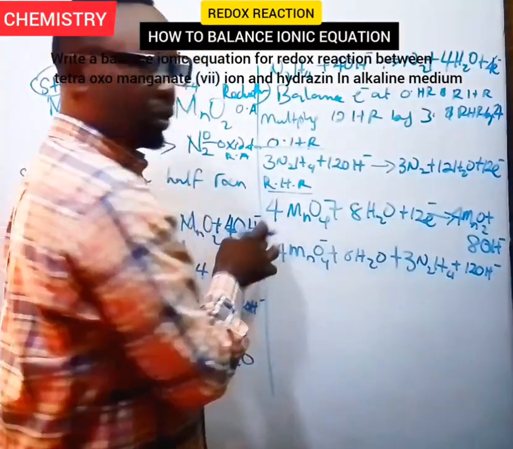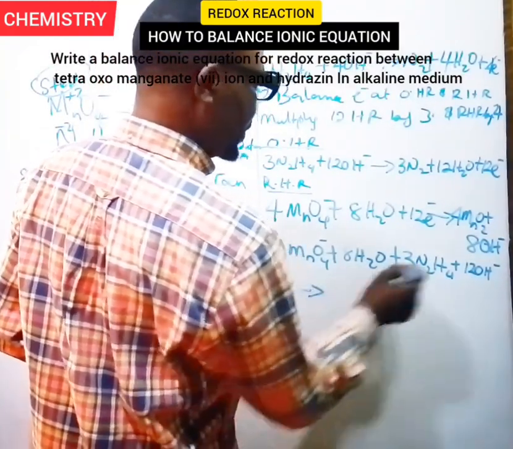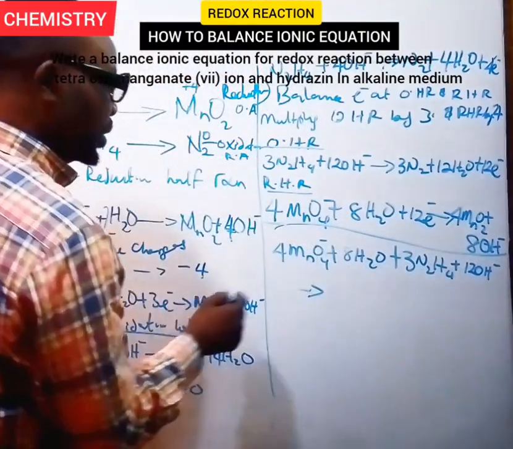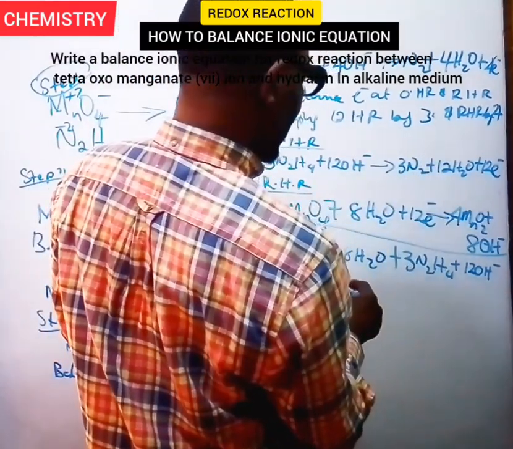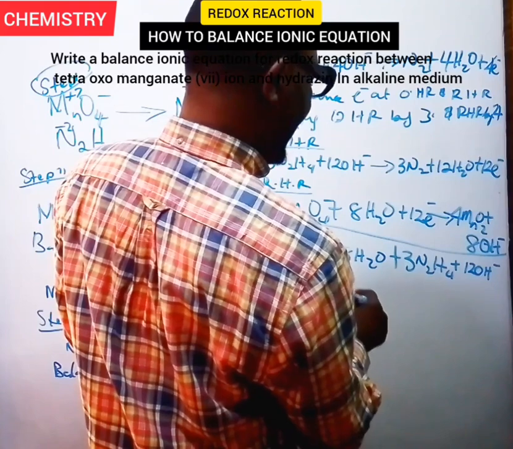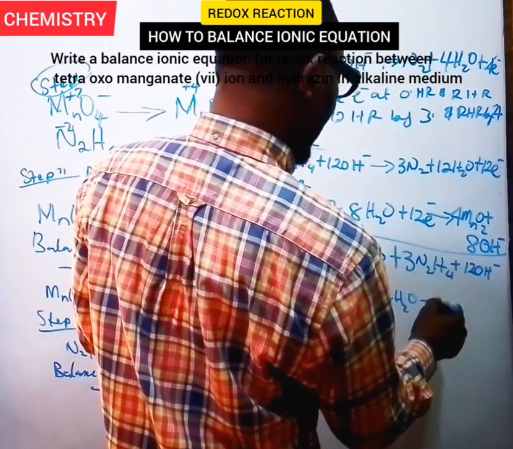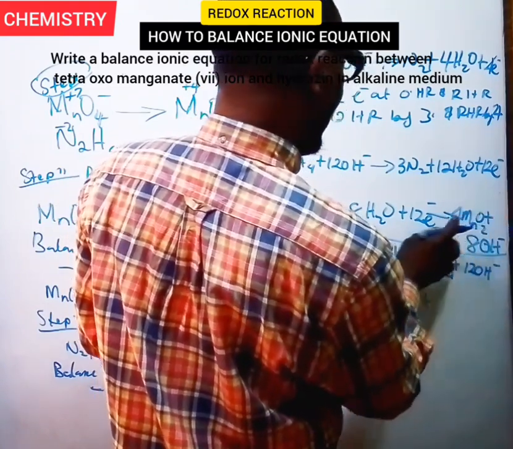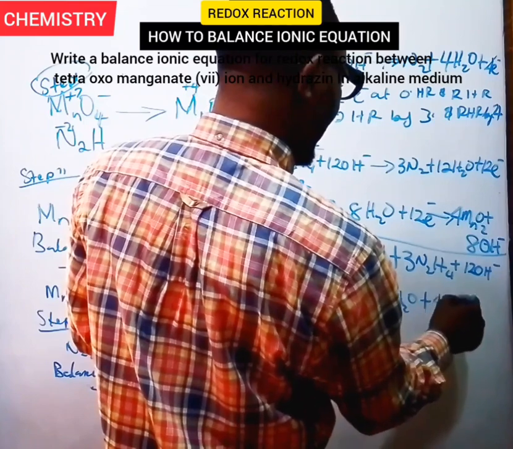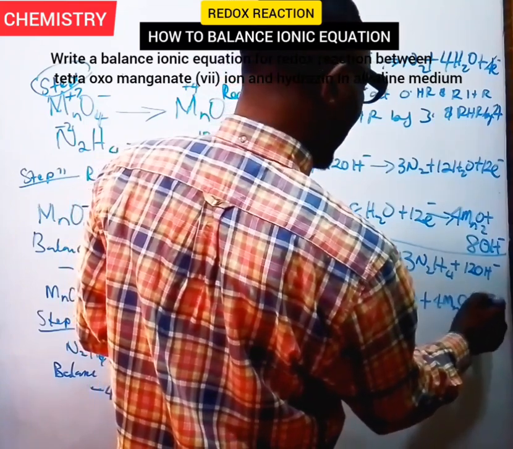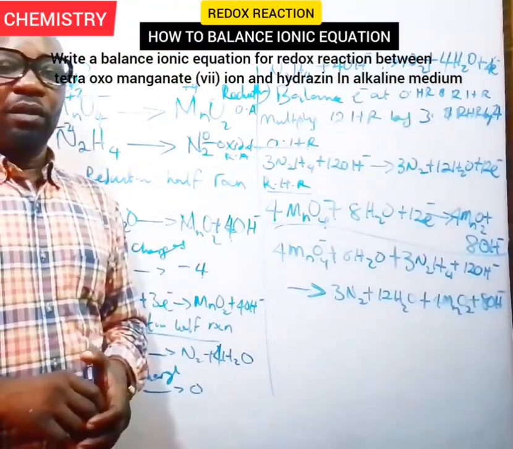What's at the reactant of the reduction reaction? So this one will lead to, this is the product I'm forming, 3N2 plus 12H2O plus 4MnO2 plus 8OH minus.